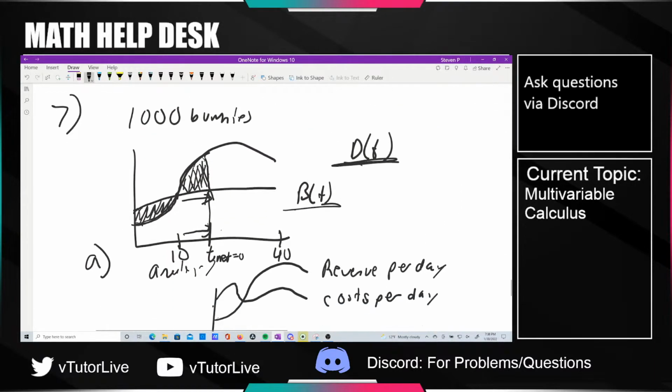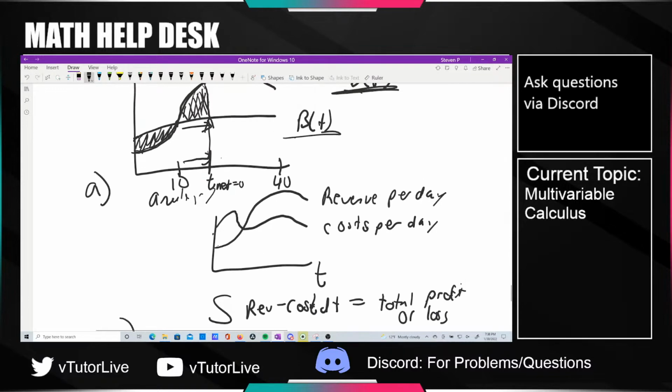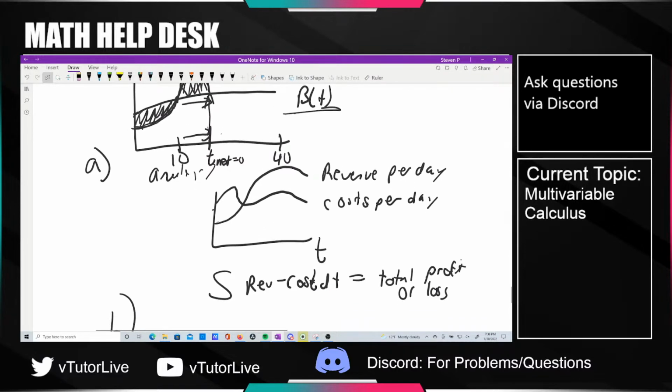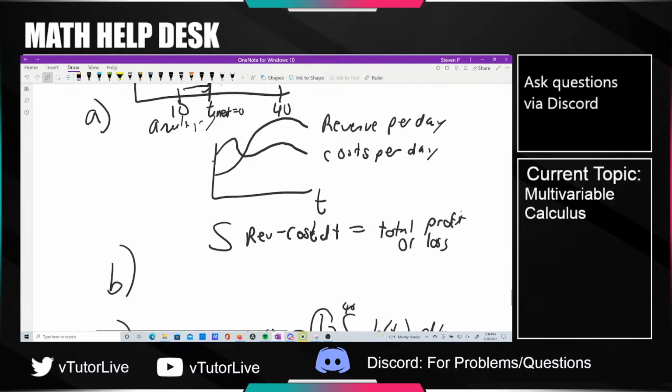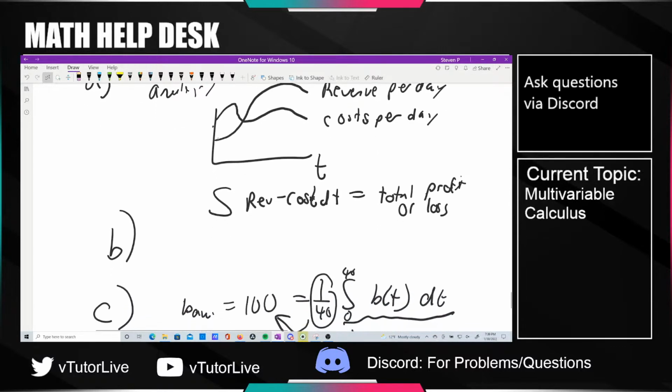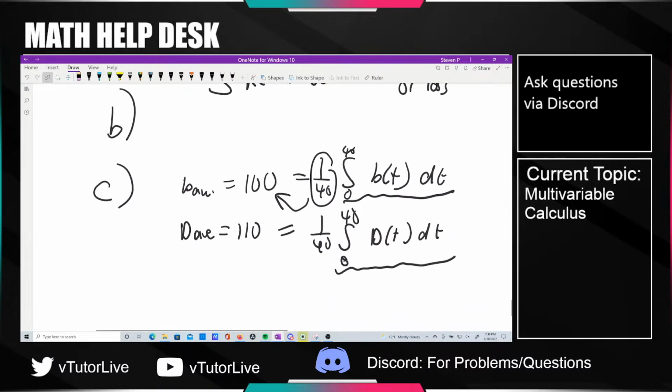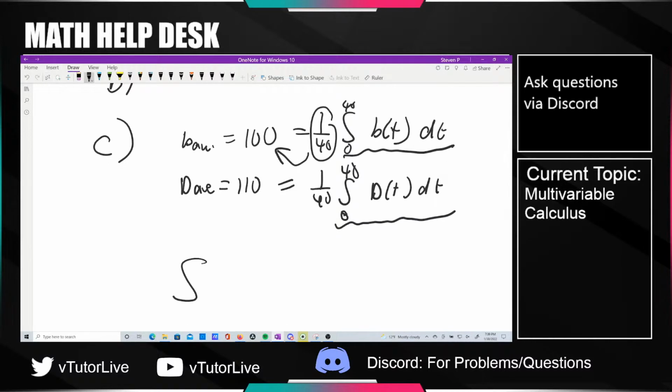And to finish this off, we just got to go back to the original problem, right? The original problem asks you, how many bunnies are there in the population? Well, at this point, you just have to plug what you know into the integral of b of t minus d of t from 0 to 40.